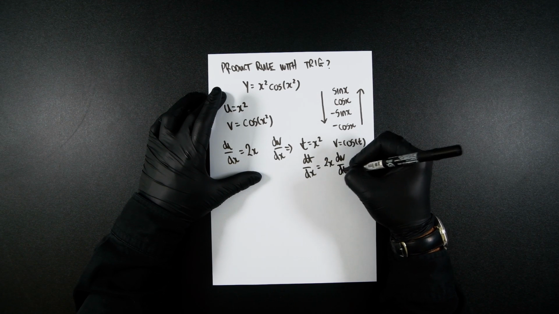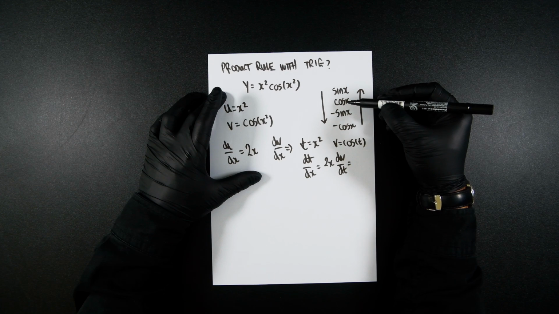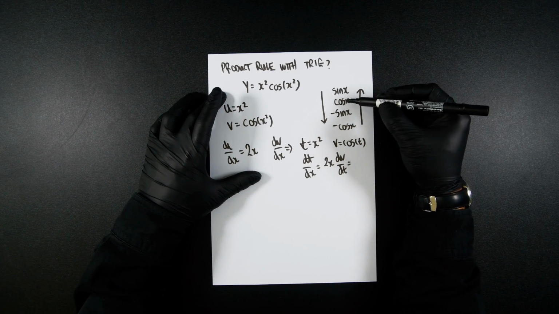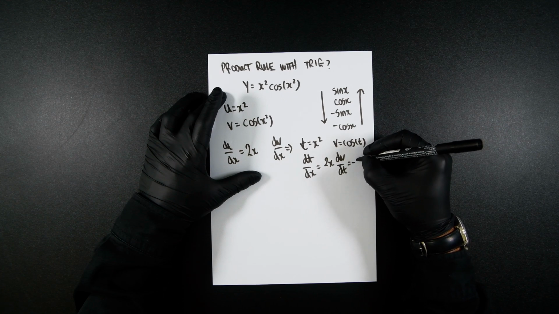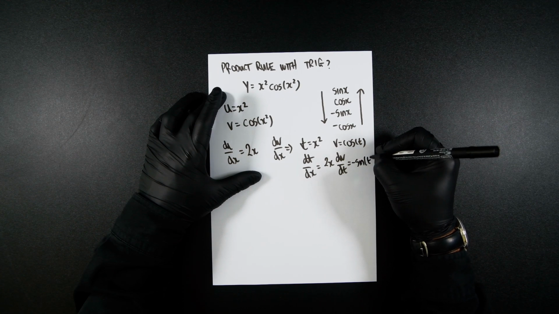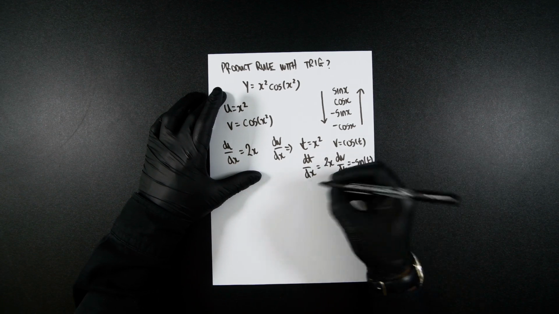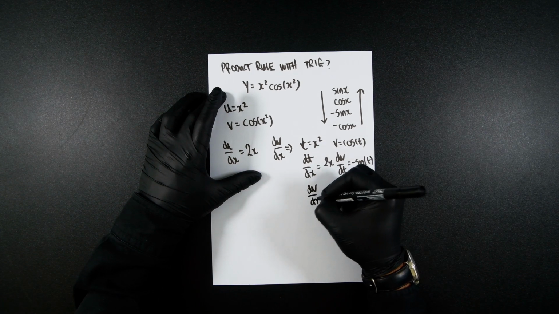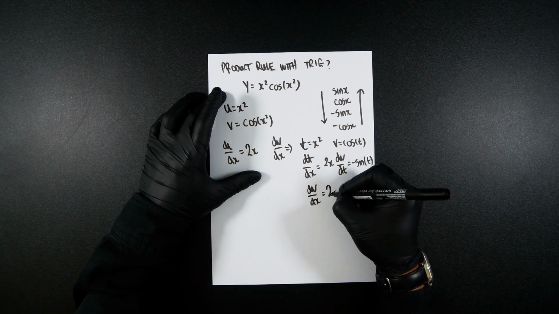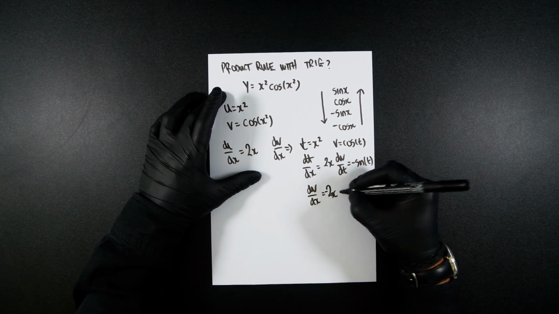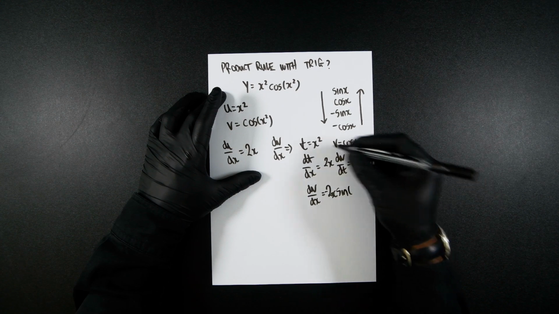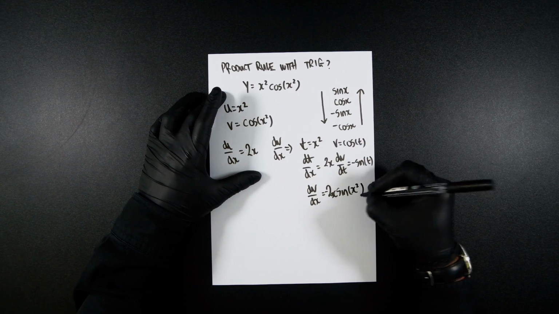And dv dt, let's remember this. So we're at cos t, and that differentiated once will become minus sine t. We multiply it across to get dv dx, which is 2x minus sine, and we substitute in our value for t, which is x squared.